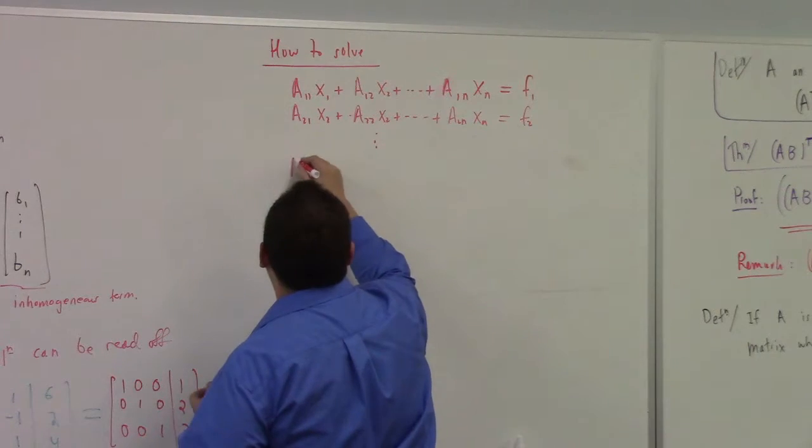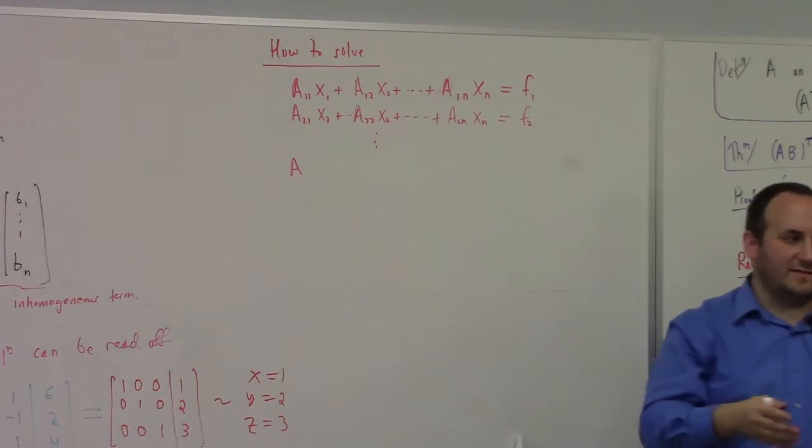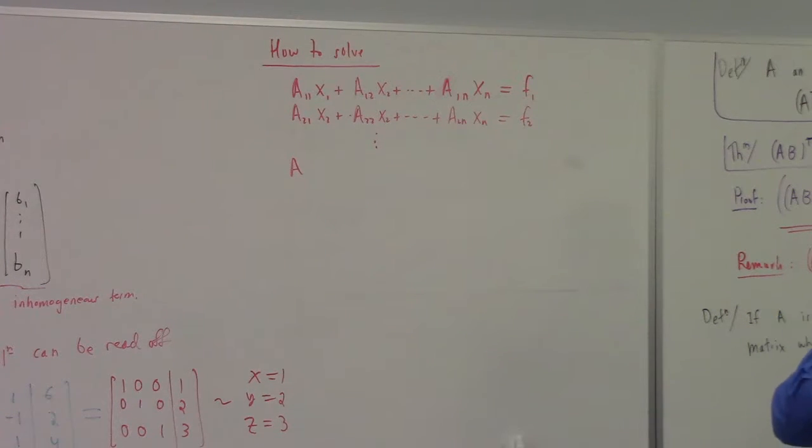But we're not going to look at this in general. In linear algebra it is fine to look at 3 equations and 2 unknowns, or 4 equations and 6 unknowns, or whatever.